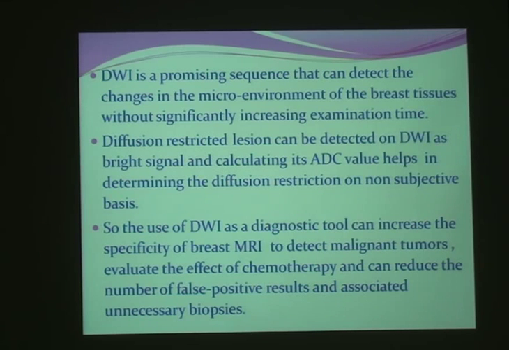As we said, it's something quantitative. So the use of diffusion-weighted imaging as a diagnostic tool may increase the specificity, and I would say even the sensitivity, of breast MRI to detect malignant lesions, evaluate the effect of chemotherapy, and reduce the number of false positive results and associated unnecessary biopsies.